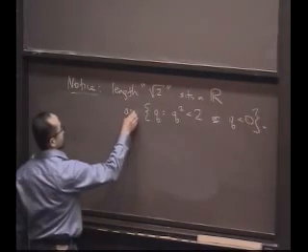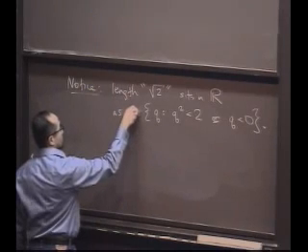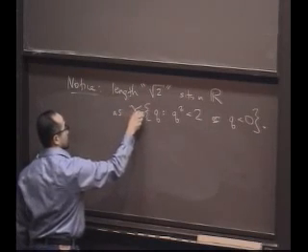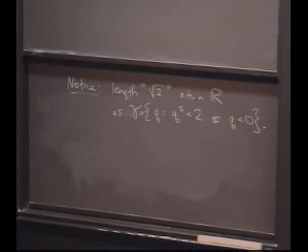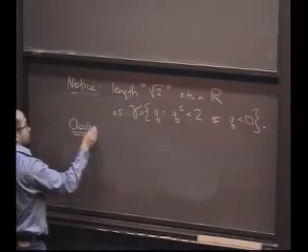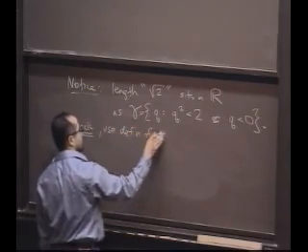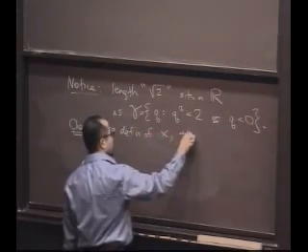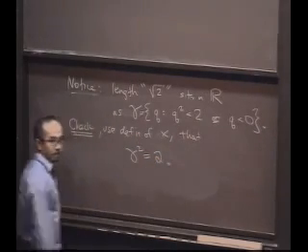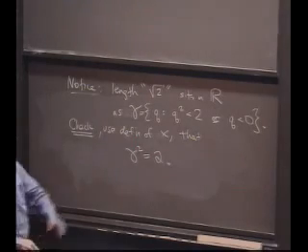So, for instance, if I give this cut a name, let's call this cut gamma. You can check using the definition of multiplication that, in fact, gamma squared actually will equal 2. Really? What was the definition of multiplication?